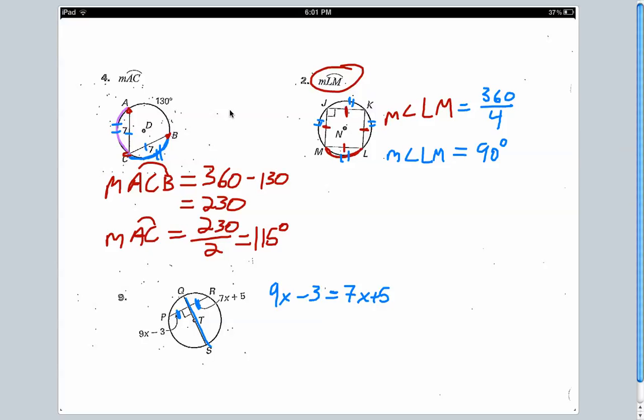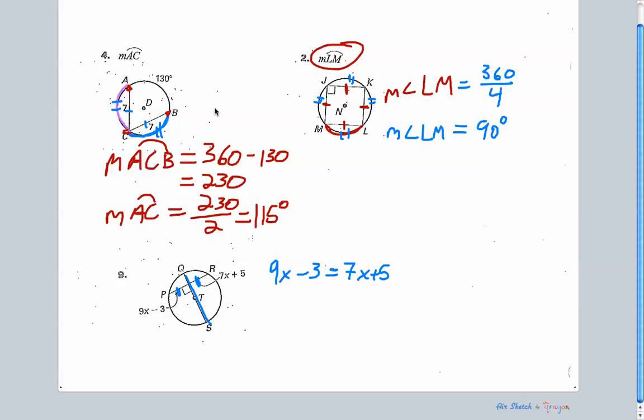And that's the setup on that one. Basically then it's just a solving for x problem, which you guys know how to do. You should actually do the algebra, check my answer here, and you hopefully will find that x equals 4. And that's how you would do number 9.